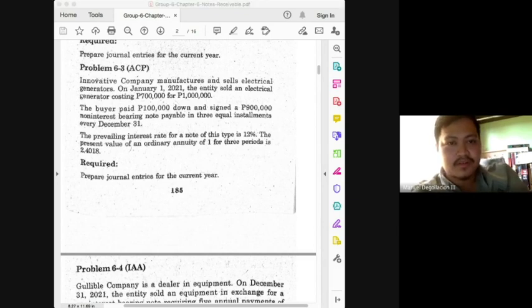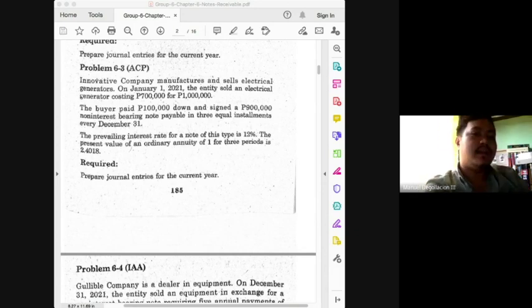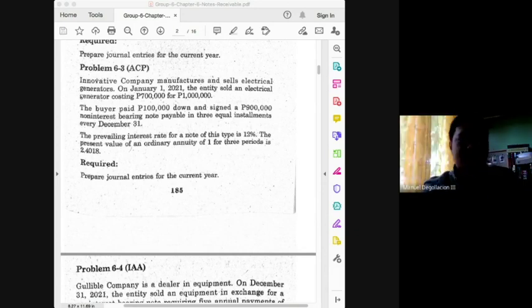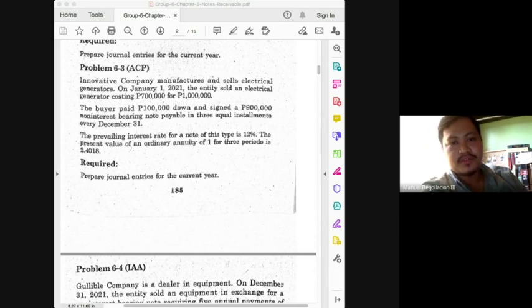So we started at 900,000, deduct 300,000, you will get 600,000, deduct the remaining unearned interest income in the amount of 92,995. The net amount that will be presented in your statement of financial position for your notes receivable would be 507,005 pesos. Okay, simply the remaining principal balance minus the remaining unearned interest income.